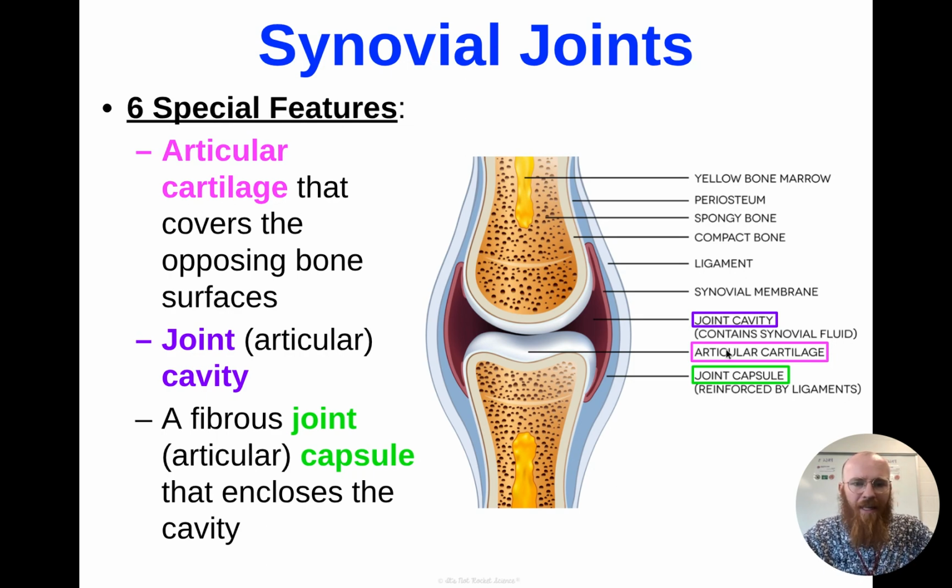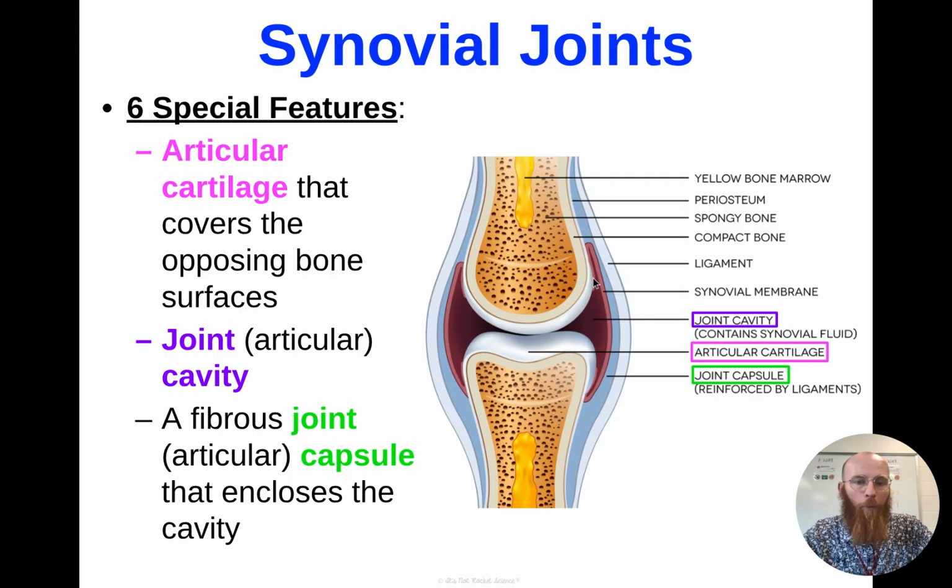Here in pink, you can see at the top here, we have what's called articular cartilage, where these two bones come together or articulate. This is a cartilage that covers the surfaces to prevent any sort of rubbing of the bone tissue. So even if we were to have a breakdown of this synovial fluid and this capsule, it's still going to help us prevent any sort of rubbing friction between the two.